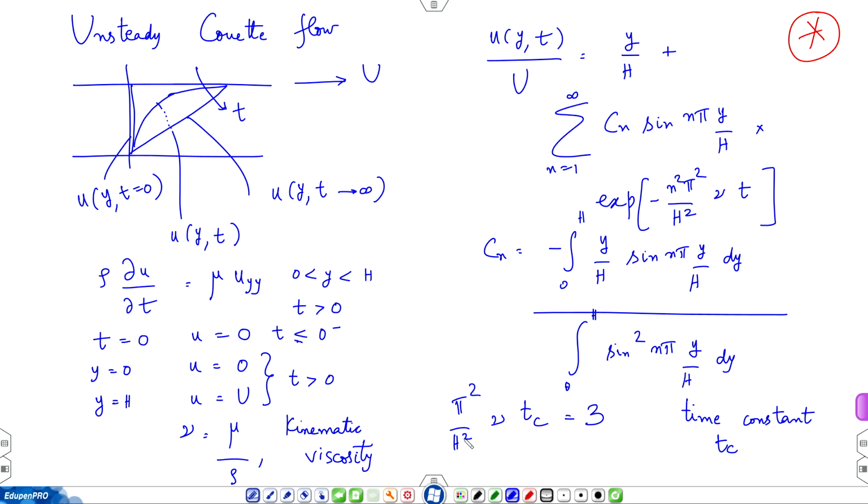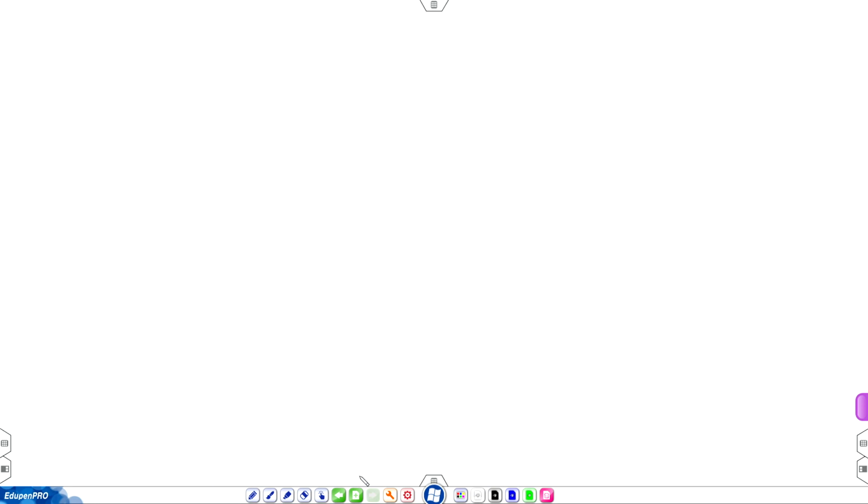Okay, just to illustrate these ideas in other coordinate systems, let us consider flow in a tube. Once again, steady, incompressible, fully developed.